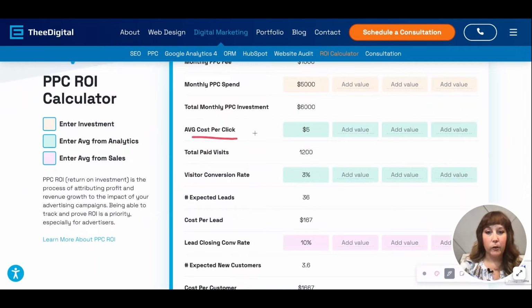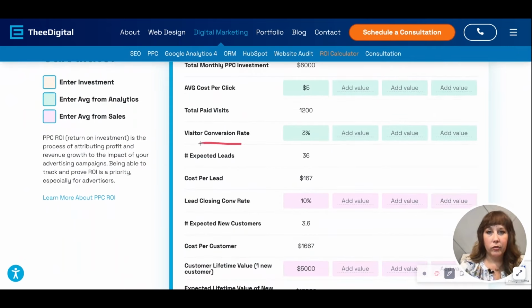Your average cost per click you can get from Google Ads in the Keyword Planner. You can look at different keywords and it'll give you an estimated cost per click. Total paid visits is a calculation of your spend divided by the cost per click, and then you can predict how many visits you might get.